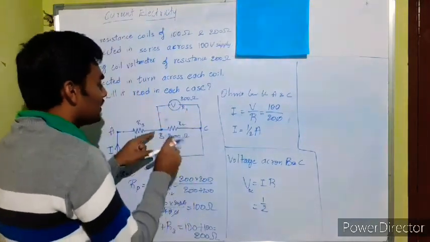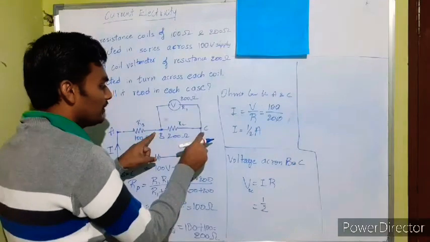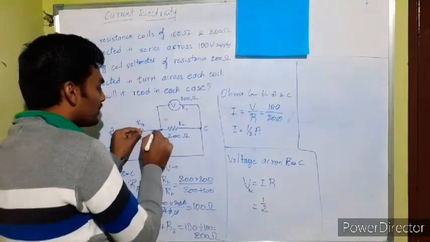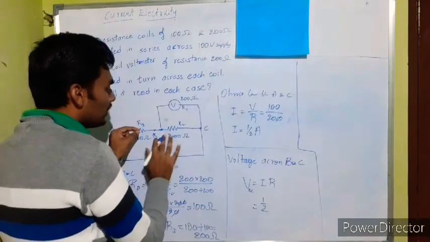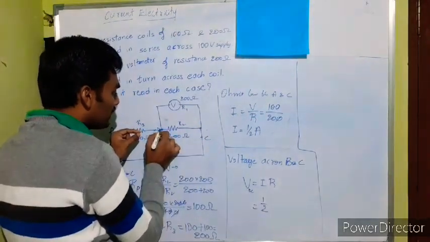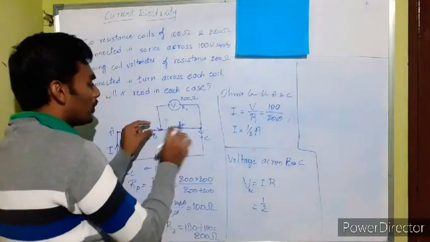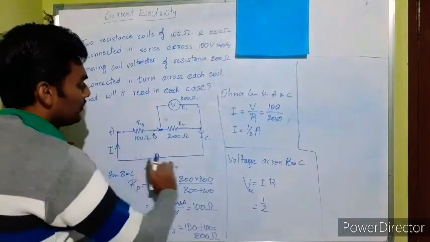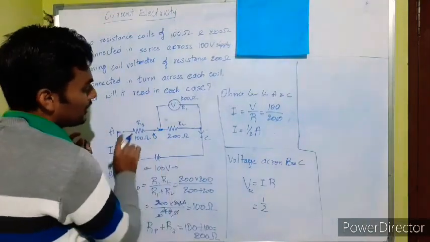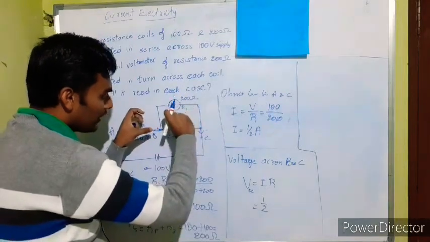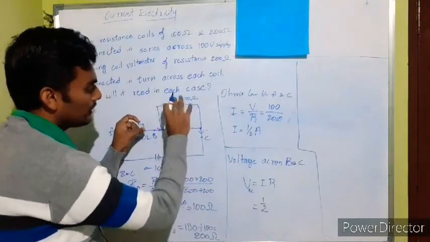What we are interested in is between point B and C. The current here and here are the same as the main current in the circuit, because I have considered this as a combination.